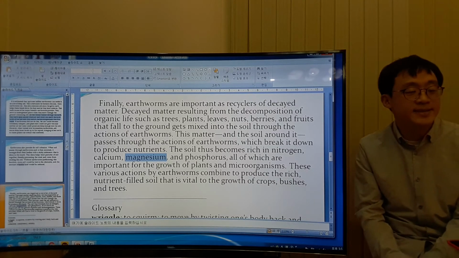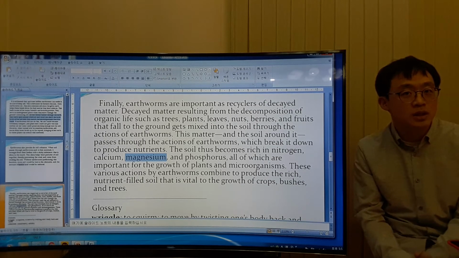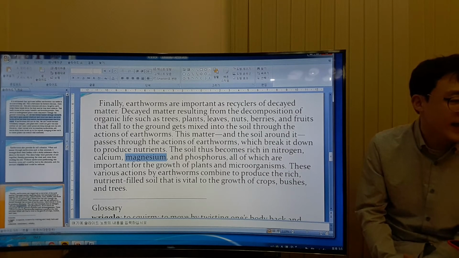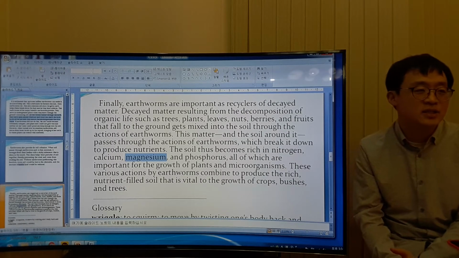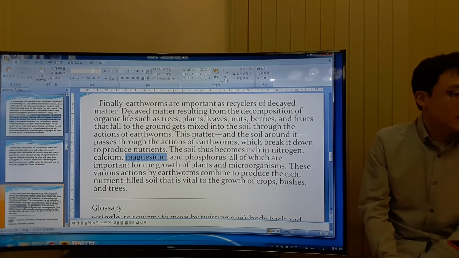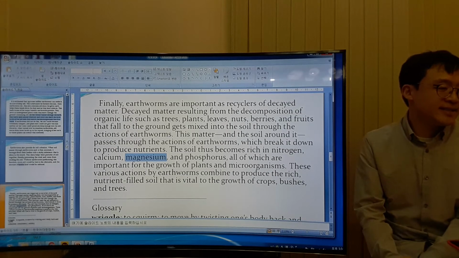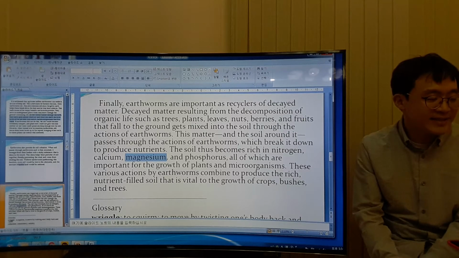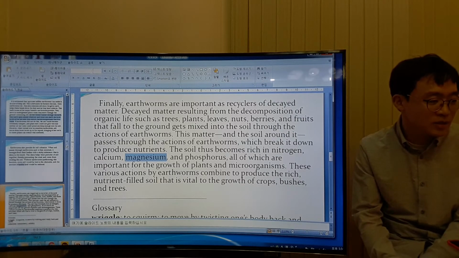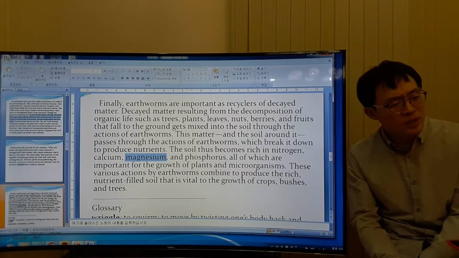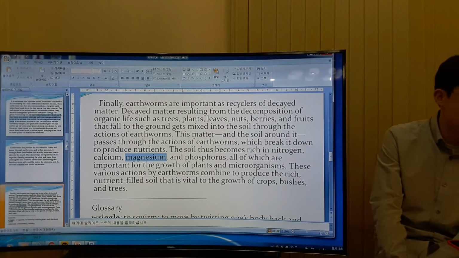Phosphorus, this is a dangerous, yellowish white element, okay, and it glows slightly and it burns when it touches the air. These many things that the earthworms do get together and produce the rich nutrient-filled soil that is very important to the growth of crops, bushes, and trees.